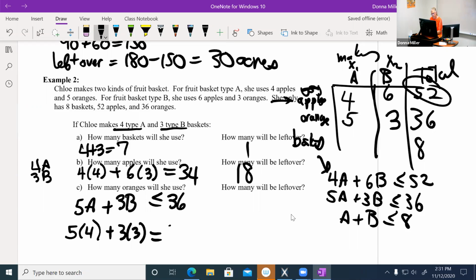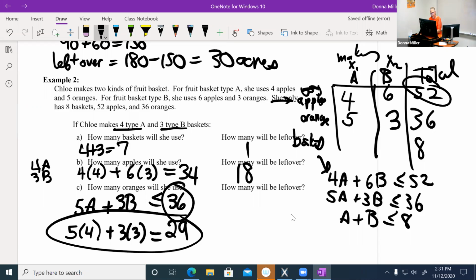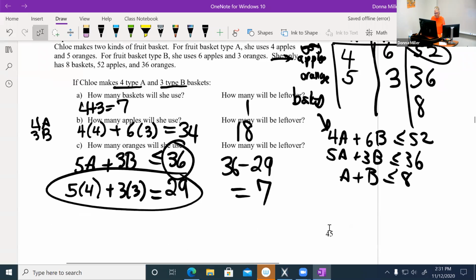It's 20 plus 9, it's going to be 29, right? Which is less than 36. So she's going to use 29 oranges. And the leftovers would be, I have 36 available, so it's 36 minus 29. So the leftovers would be 7. All right, is that all right?